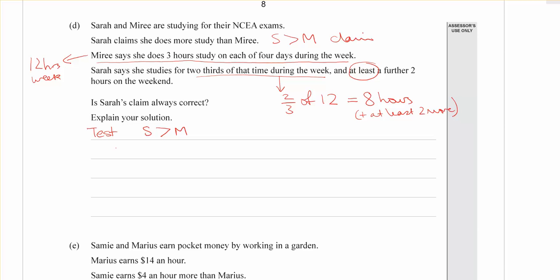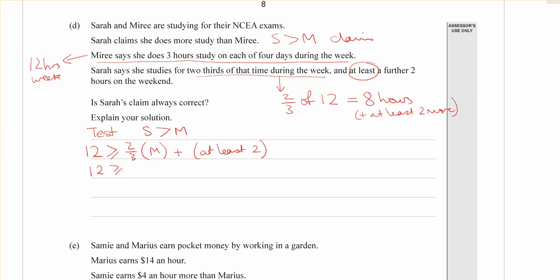So two-thirds of Marie plus, in this case, at least 2. And we want to know whether that is always going to be greater than or equal to 12, because 12 hours is what Marie does.